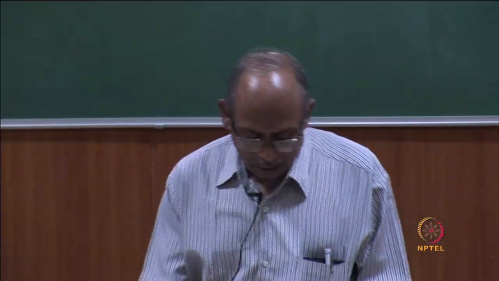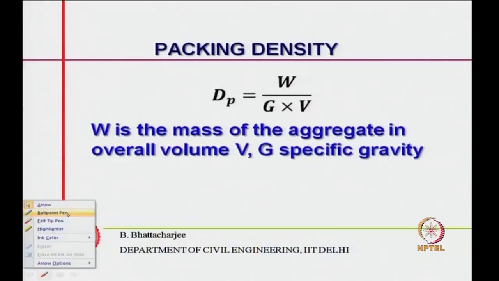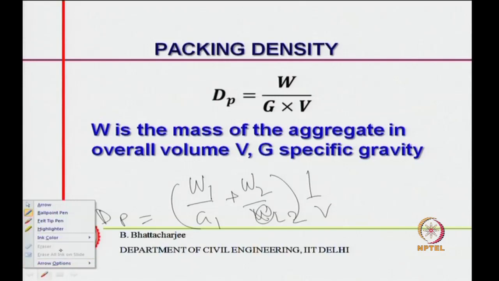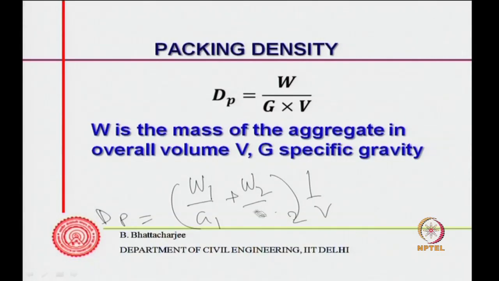It can be written as W1 by G1 plus W2 by G2, divided by V. That will be your packing density, dP. I will just rub this off; this should actually be G2, and then 1 by V. That will give you the packing density when you are mixing them in some definite mass proportions.